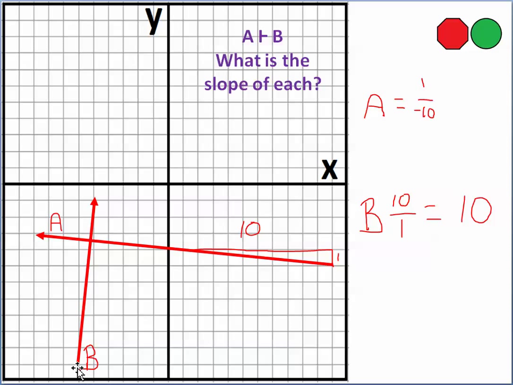B, I have a rise of 10 over a run of 1. And so B is a positive, A is a negative. So A is negative 1/10 and B is a positive 10. You notice that these are reciprocals of each other. They're perpendicular lines.